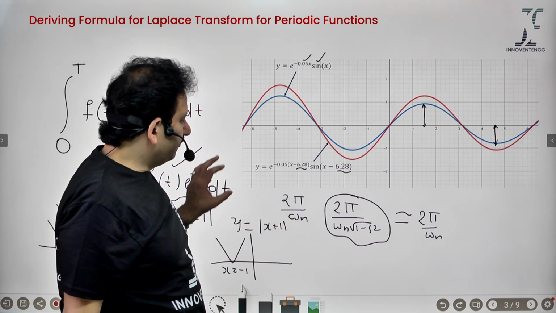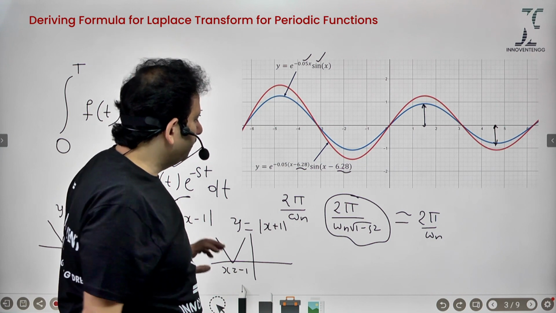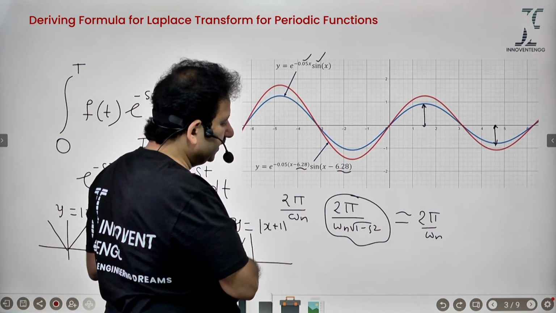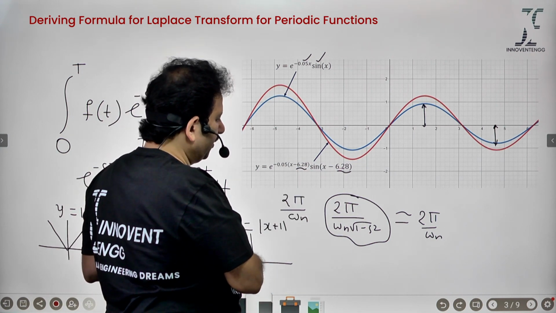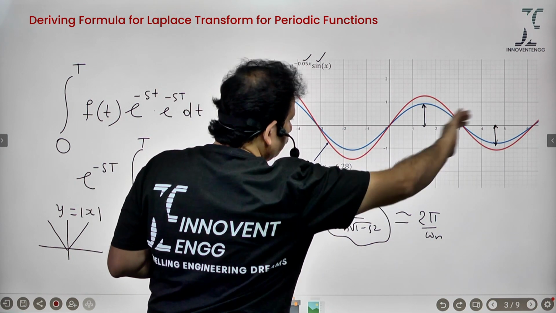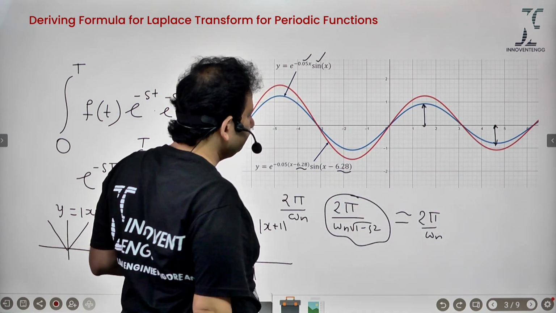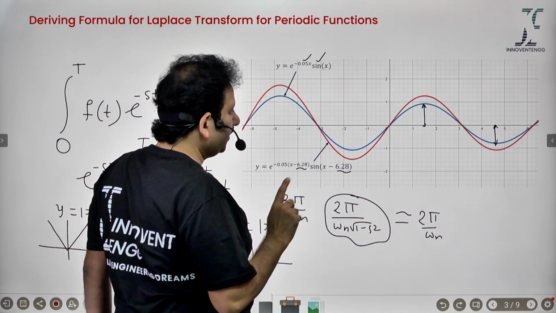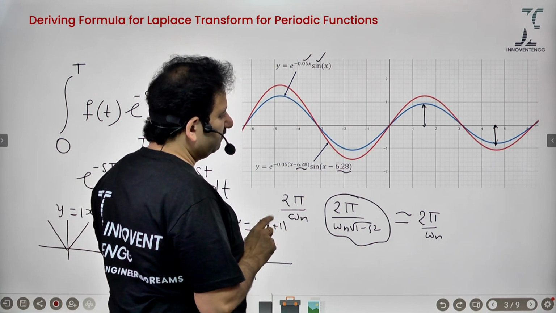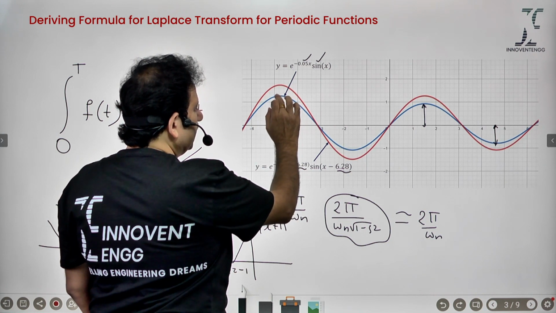So what we are trying to impress upon you here is, observe this carefully. Because you have subtracted the period, almost the period, then what happens? The entire wave is shifted to the right. So what you can see is how you are observing this. It's very tricky to do so, because you can see the amplitude over here.